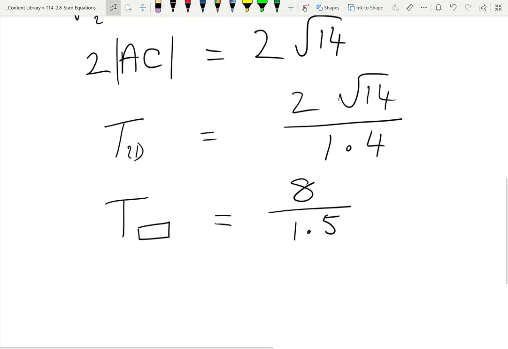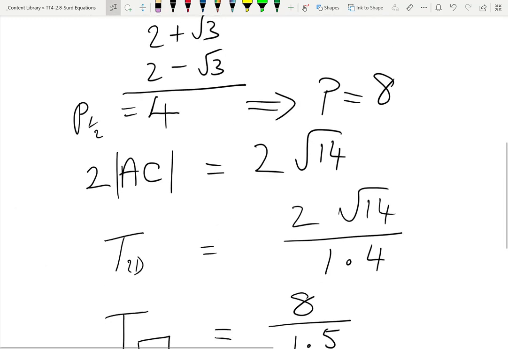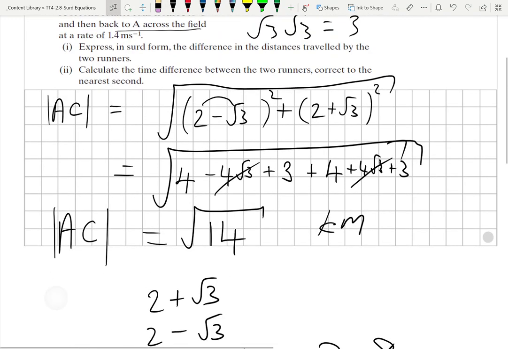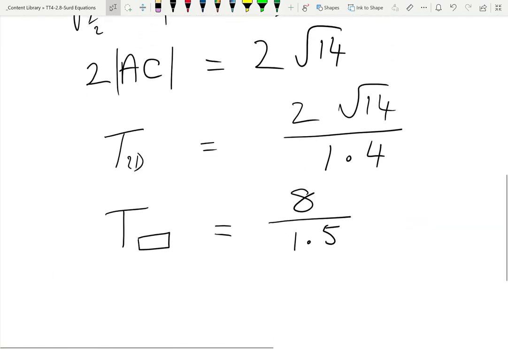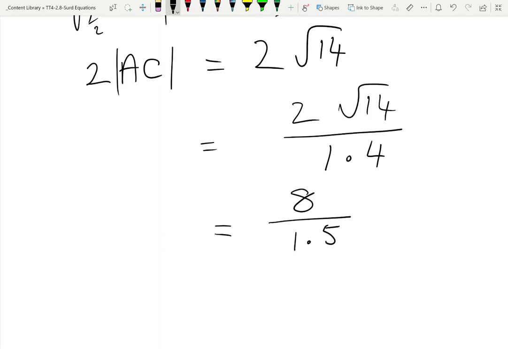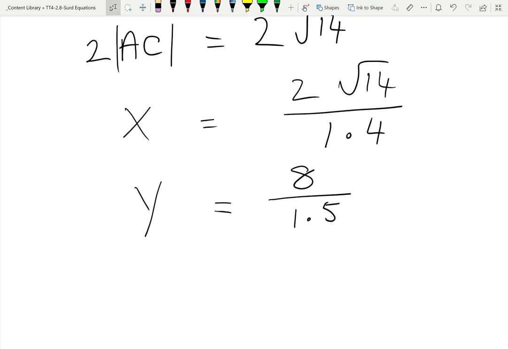Okay, now something tells me I'm going to be subtracting then time difference. Okay, so I'm going to want to actually use letters that will fit in my calculator nicely. So I'll just call this X and I'll call this Y. Okay, so go to the calculator.